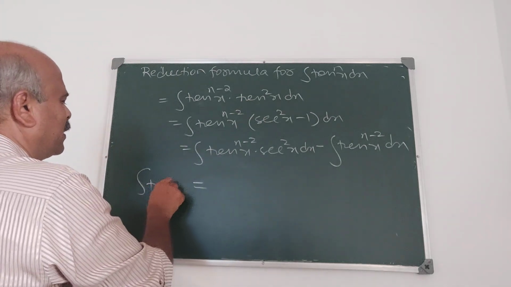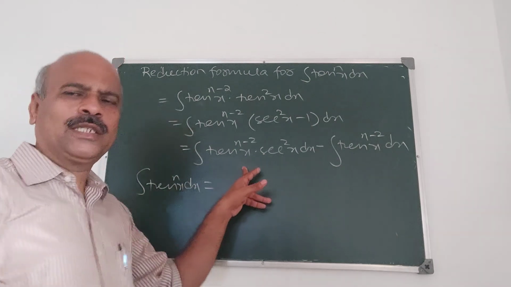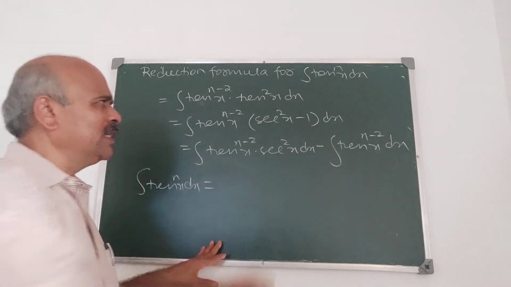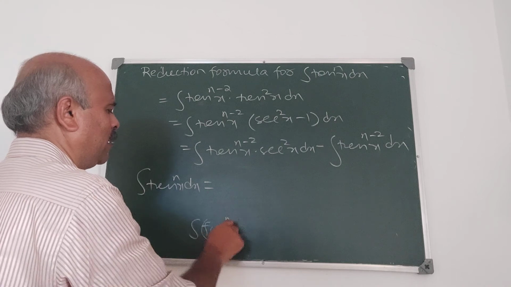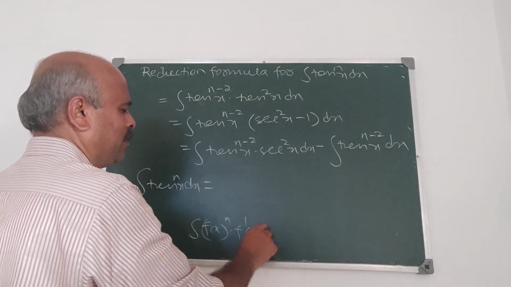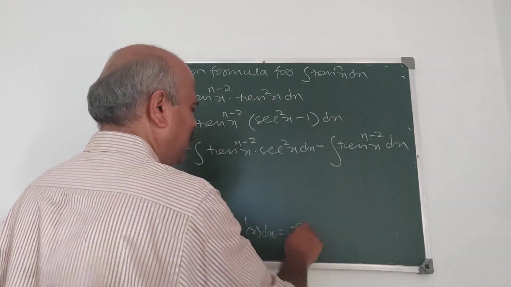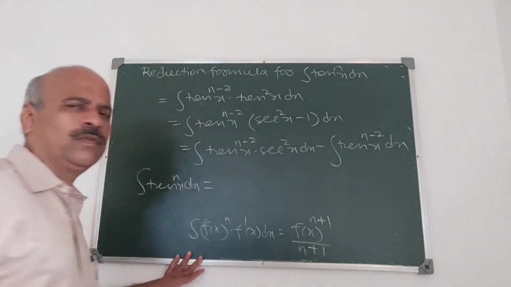So the integral of tan x raised to n with respect to x is, now what is the integration of tan x raised to n minus 2 secant square x? You can use the formula for the integral of f of x raised to n into f dash x. What is it? It is f of x raised to n plus 1 upon n plus 1.